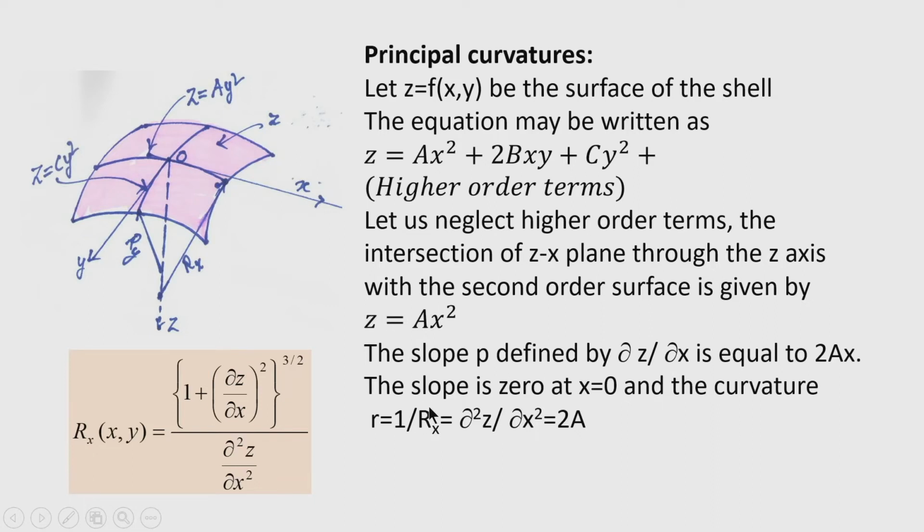Here the equation will be z is equal to c y square, and therefore, the slope will be 2 c y, and at O the slope is 0, and therefore, curvature will be 2 c. So, we get slope and curvature in both the orthogonal directions.